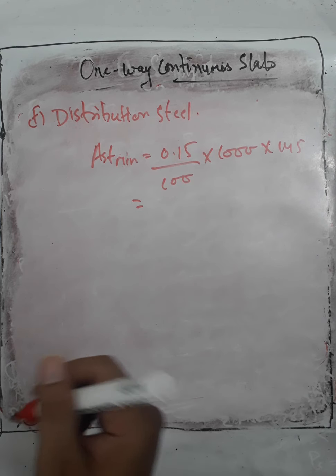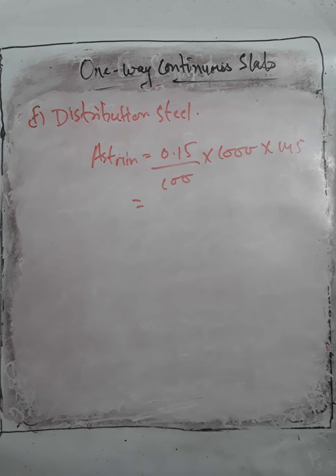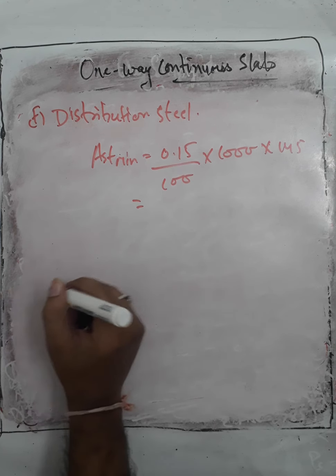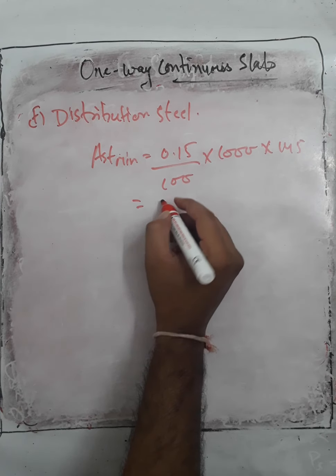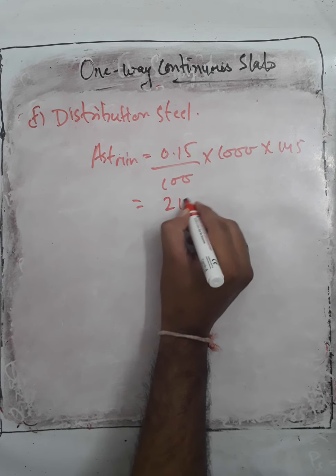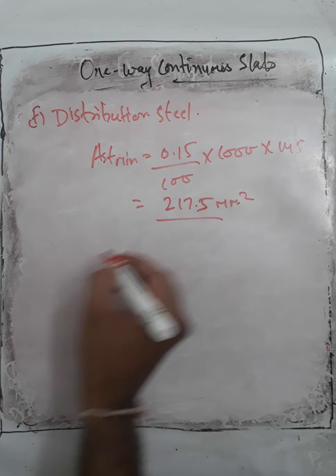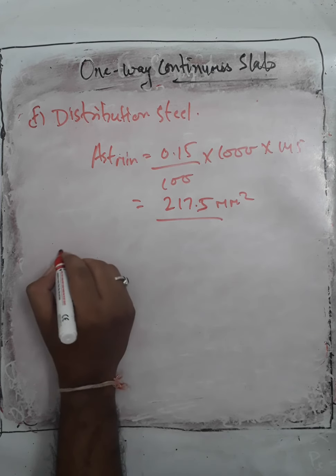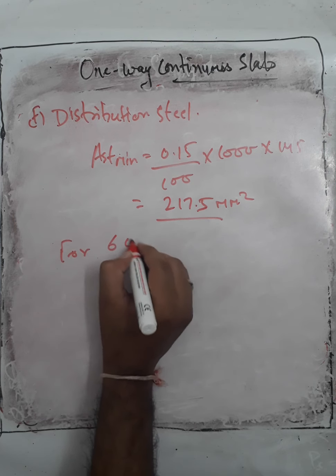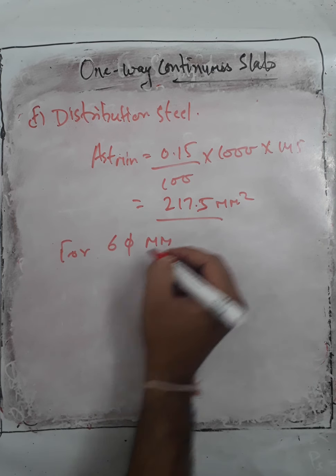If our grade of steel is HYSD or 415 or 500, then we have to take 0.12 as the AST minimum value. So if you calculate this, you get 217.5 mm square as AST minimum. Now for the distribution bar you have to provide a 6 mm dia bar.